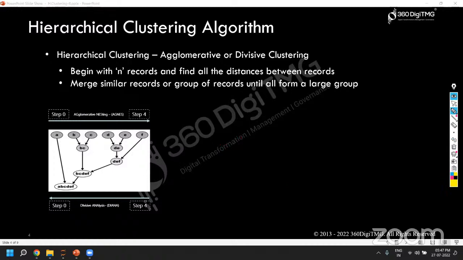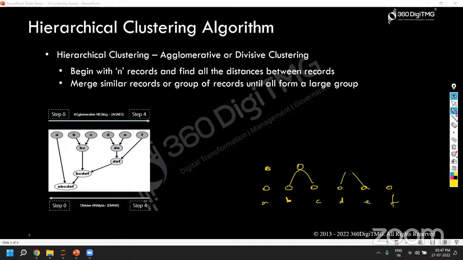I'll start with A, B, C, D, E, F. And we said that to start with, B and C have been merged together.